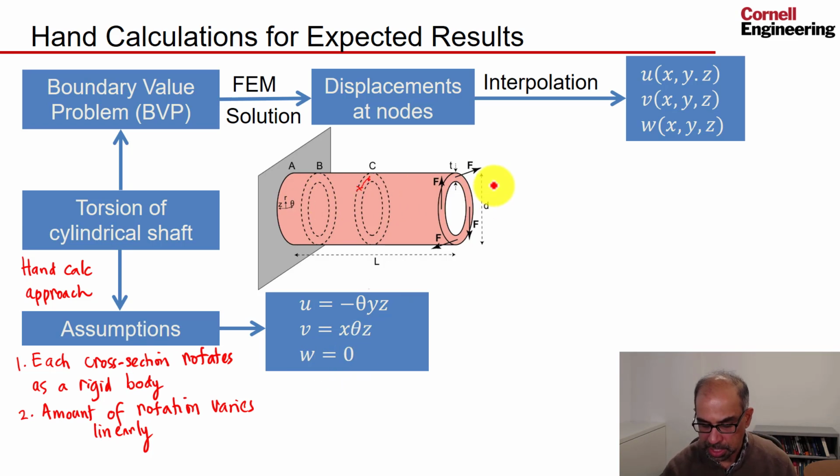Z is along the axis, and then the displacements in x and y can be constructed from the amount of rotation. And the amount of rotation is the rotation per unit length times z.